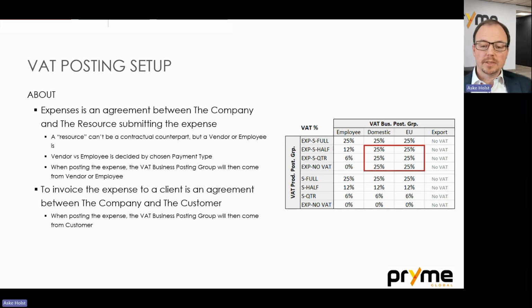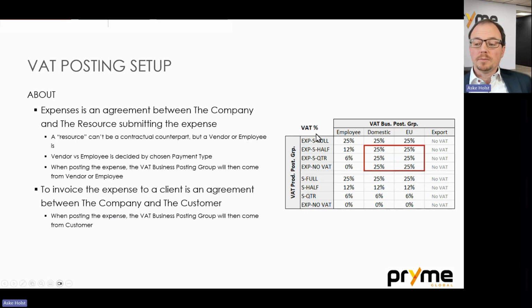Business Central handles this, and that is part of the magic of the VAT posting setup, but you need to be aware of how you set up your VAT posting groups in order for this to happen automatically. You will practically need to set up different VAT product posting groups for expenses, separated from the VAT product posting groups that you would use for regular services.